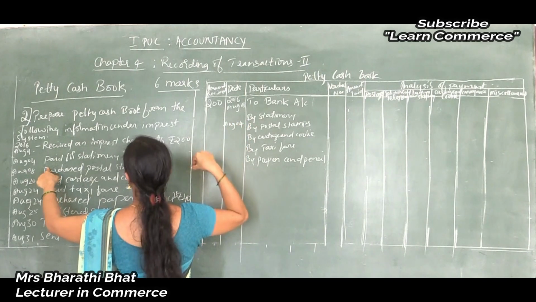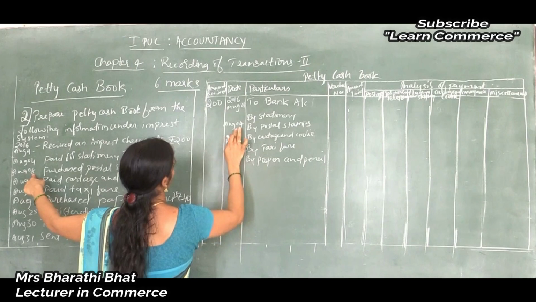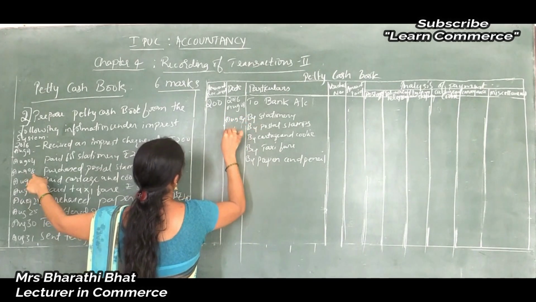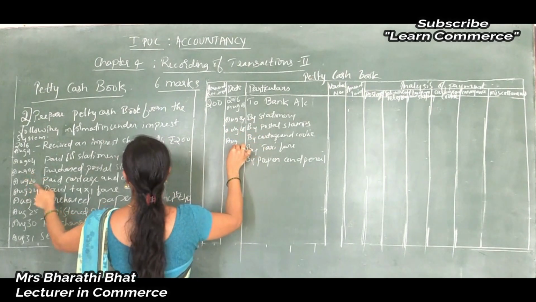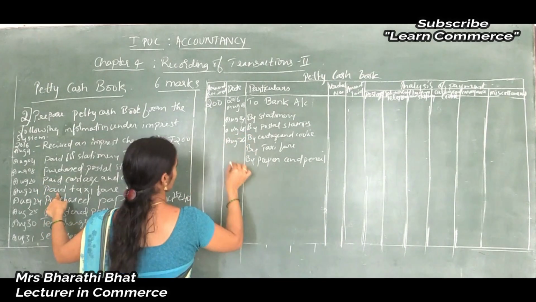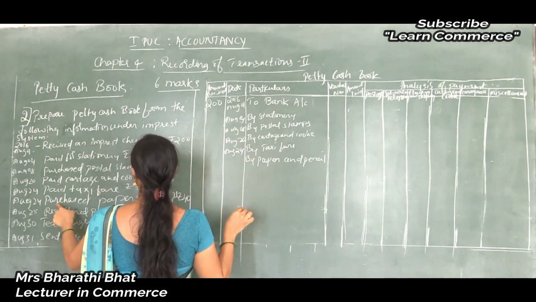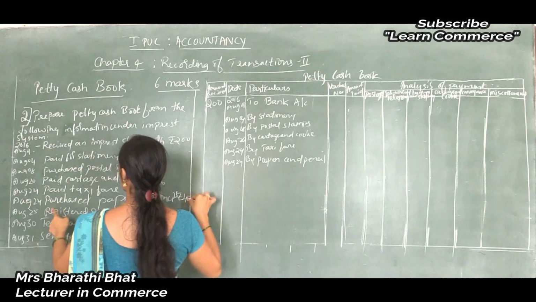Don't forget to write the date. August 4, August 8, postage, August 20, cartage and coolie, 24, taxi fare, 20, again 24, paper and pencil.